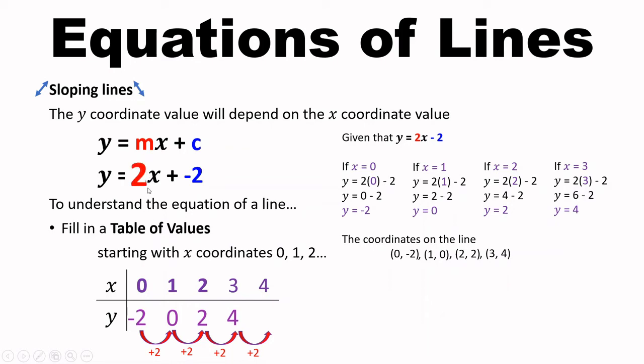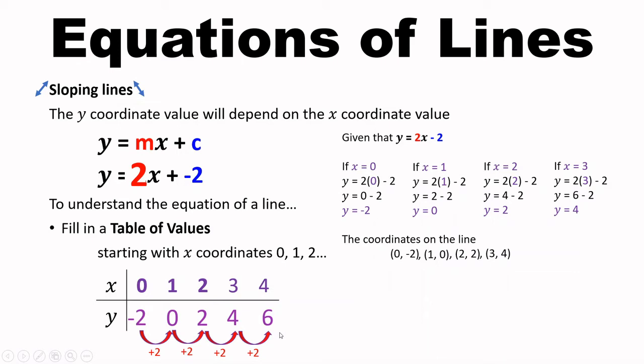The number in front of the x, so the number multiplying by the x, should also match the value that each of our y coordinates seem to be jumping by. So our next y value should be 4 plus 2, that's 6. So the y coordinates in our table of values are just like the 2's times table. They keep going up by 2's.